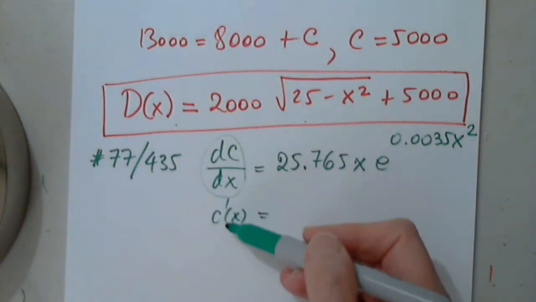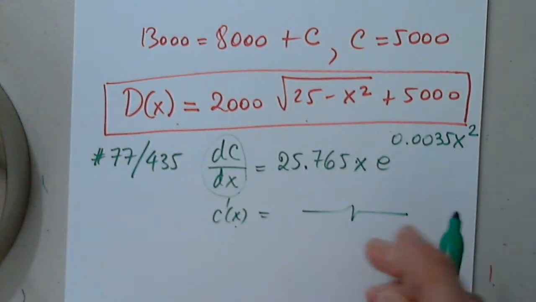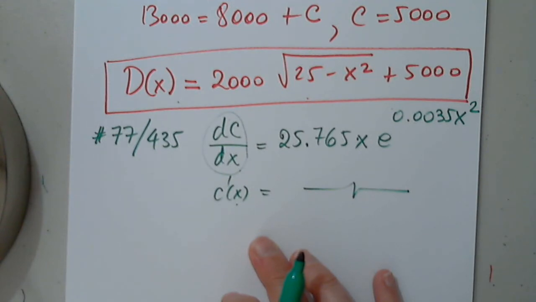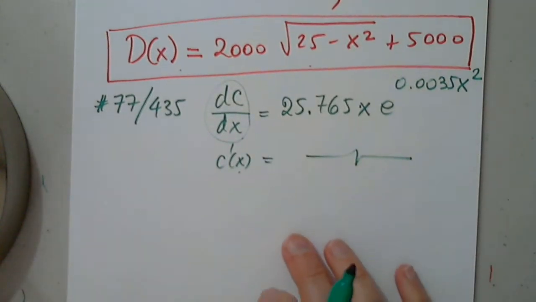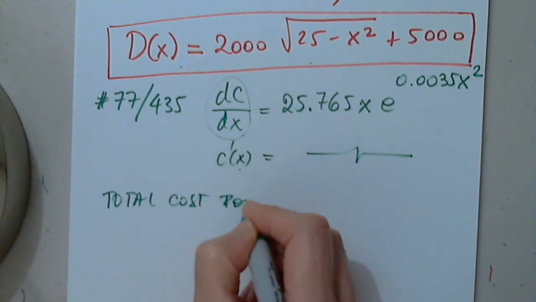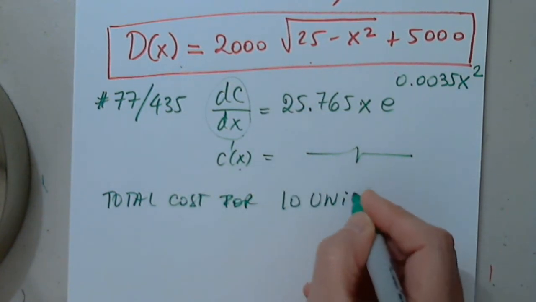That's what the notation is. dc over dx is c prime of x, same thing. Okay, so x is the number of home ice cream makers produced, and find the total cost to produce 10 units. So here I'm asked to find total cost for 10 units.